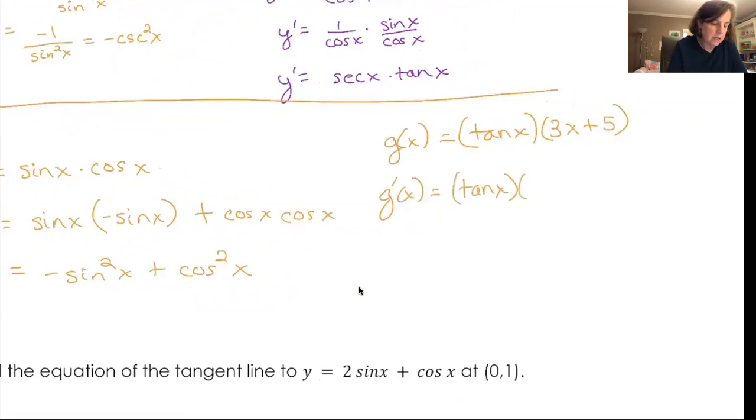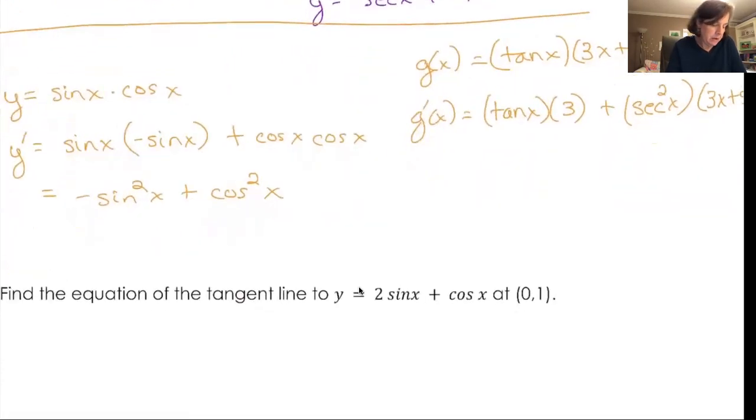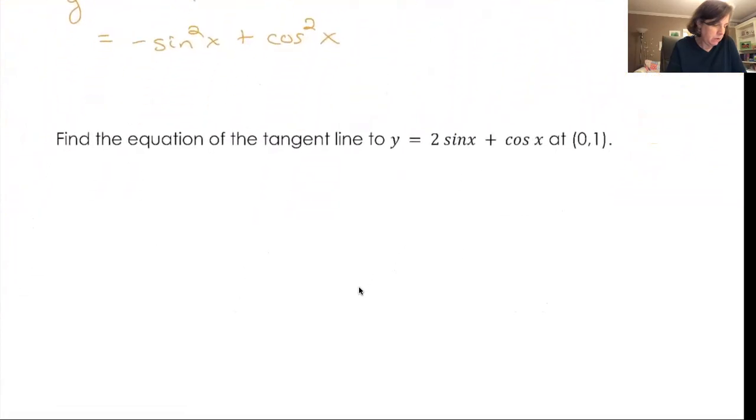Derivative of 3x plus 5 is just 3. Plus, now I'm going to do the derivative of tangent, which is secant squared of x. And then I leave the 3x plus 5. It's not particularly pretty, and I can't really do much simplification, but hey, that is the derivative. That's my answer. Okay, let's go ahead and do a few other examples here.